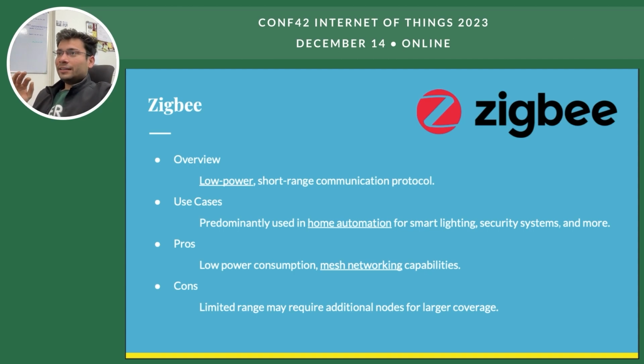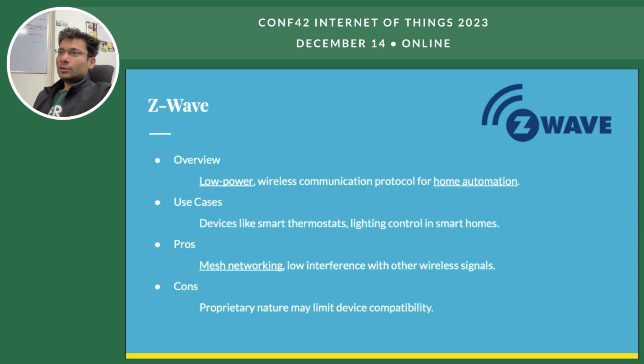Another thing in the wireless protocol space is that there is always a fight between two protocols. So there is a fight between Zigbee and Z-Wave. These two protocols offer almost the same advantages, and they have the same disadvantages. But let's go through them.